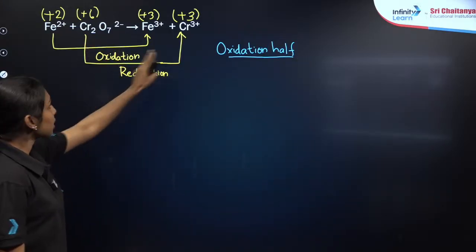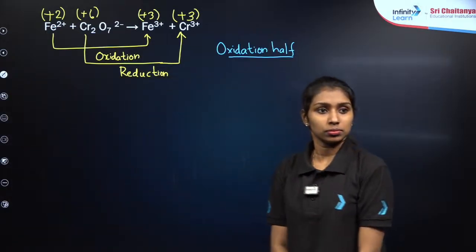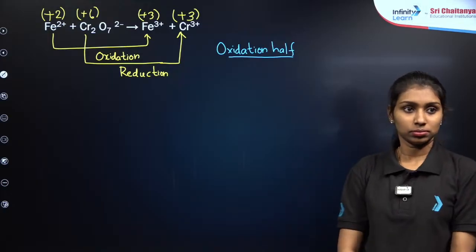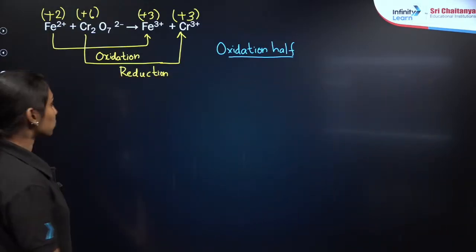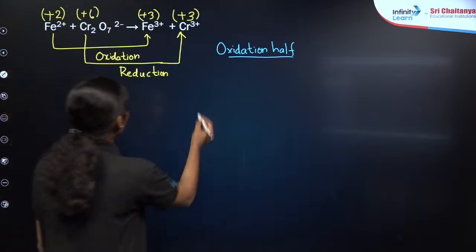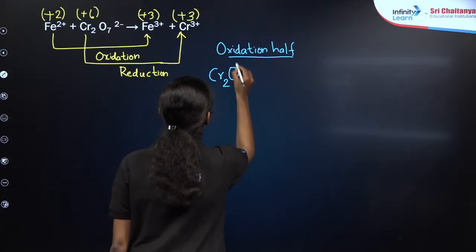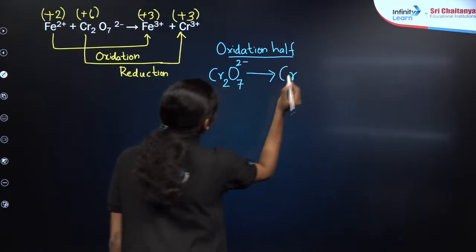Cr2O7 2- gives Cr3+, right? So I am writing here Cr2O7 2- gives Cr3+. This is our oxidation half.